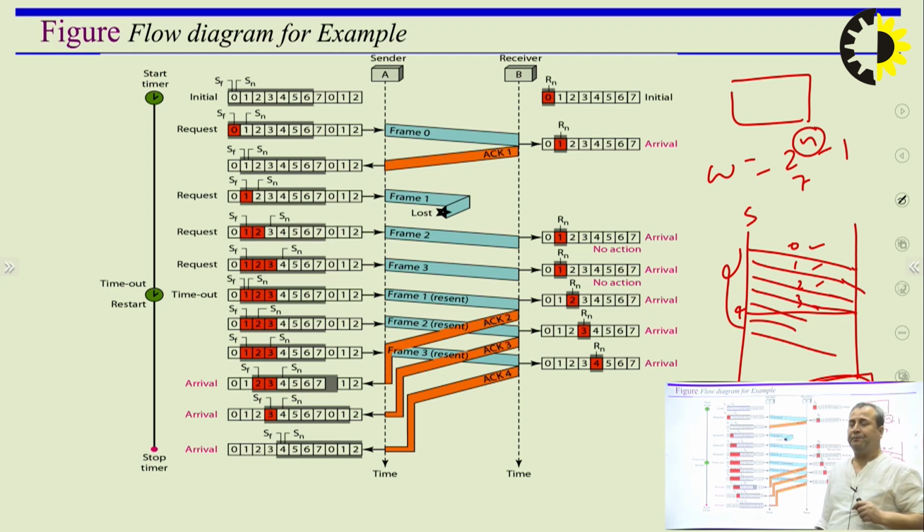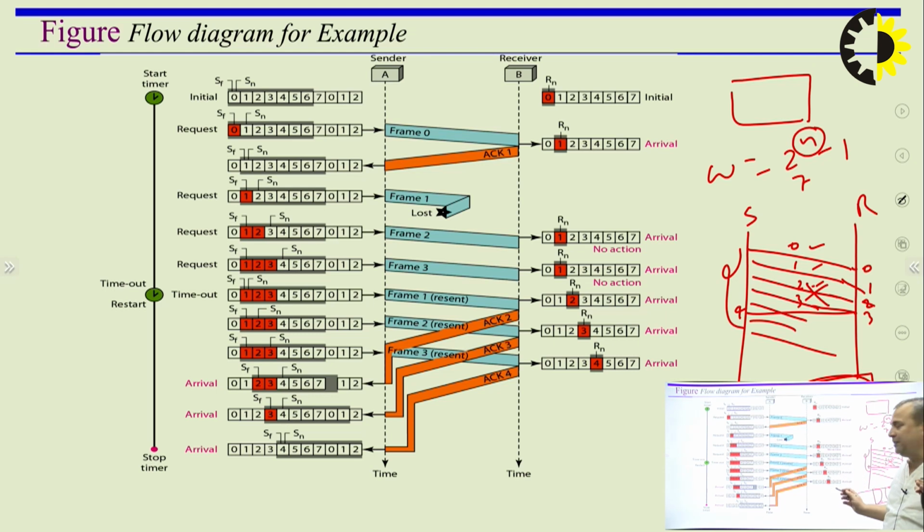And second, in go back ARQ, frames are always received in order. For example, here this is the receiver, this is 0, this is 1, 2, 3. Suppose the second frame is lost, either the ACK or the frame is lost. So the protocol ensures that out of order frames will not be received.